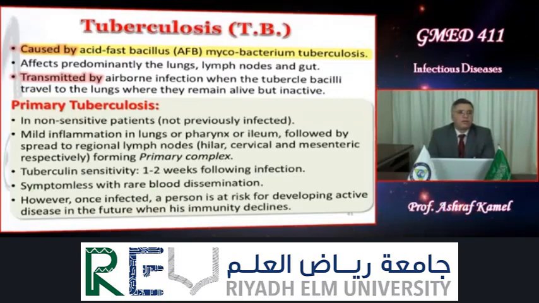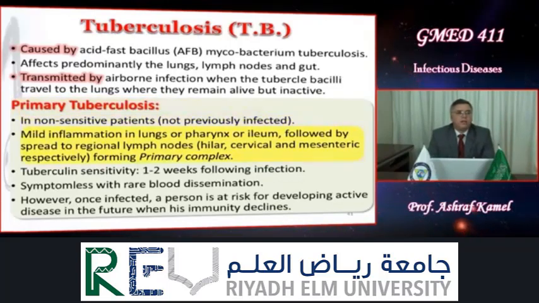Tuberculosis is caused by the acid-fast bacillus, Mycobacterium tuberculosis. It affects predominantly the lungs, lymph nodes, and gut. It's transmitted by airborne infection when the tubercle bacilli travel to the lungs where they remain alive but inactive. Primary tuberculosis occurs in non-sensitive patients not previously infected or who have not taken the TB vaccine, which is called the BCG vaccine.